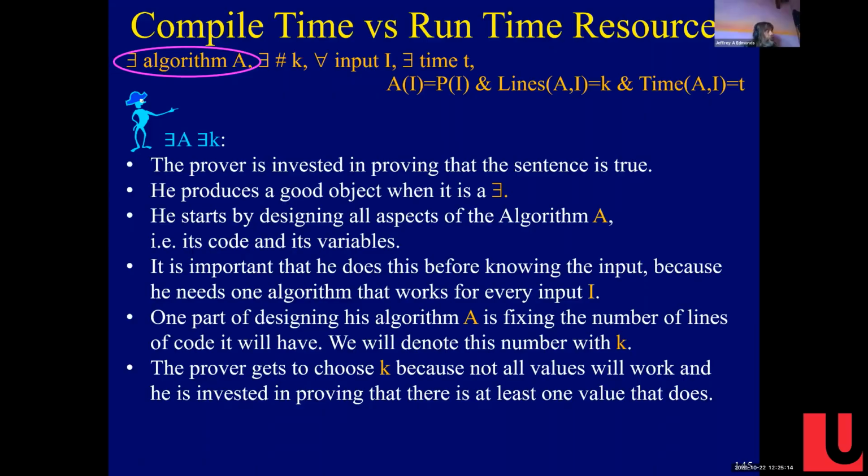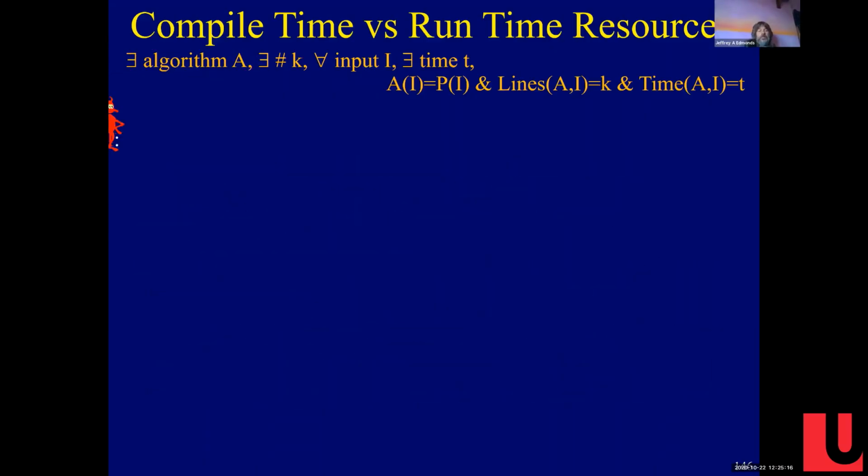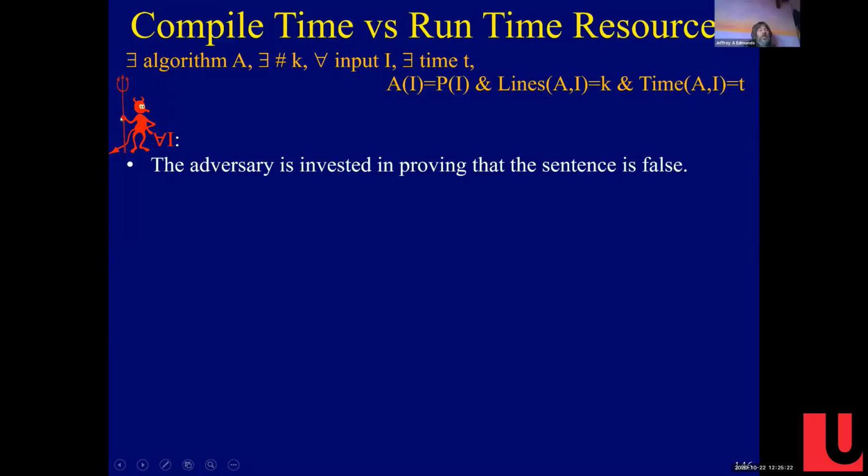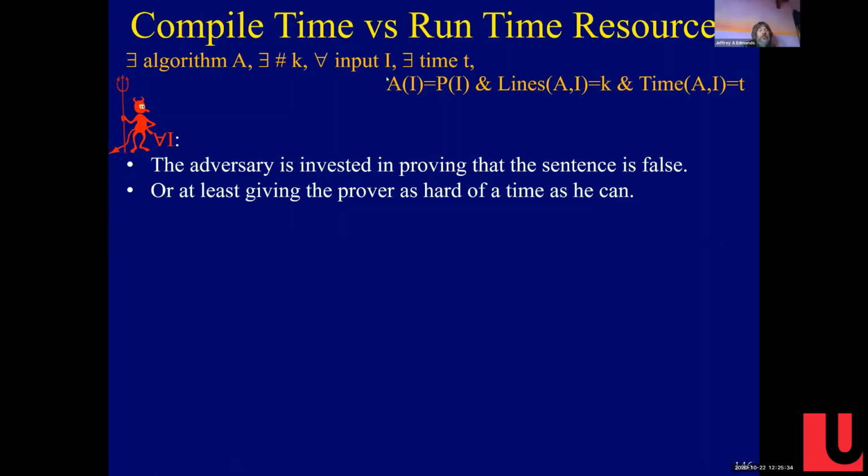So he will choose the K to be a K that works, right? Now K and A are fixed. What does the input do? What does the adversary do? The adversary is invested in the sentence being false, right? So the adversary gets to come up, during runtime, with an input.